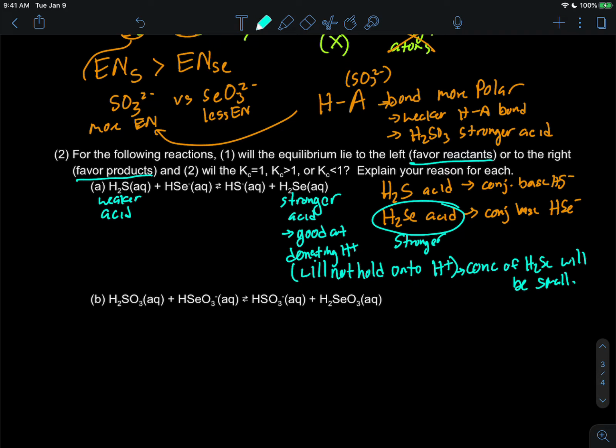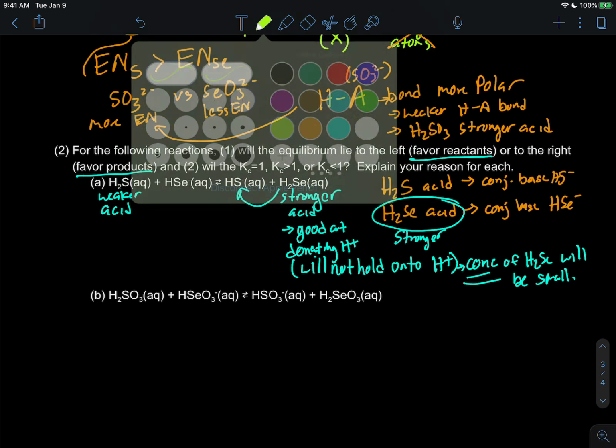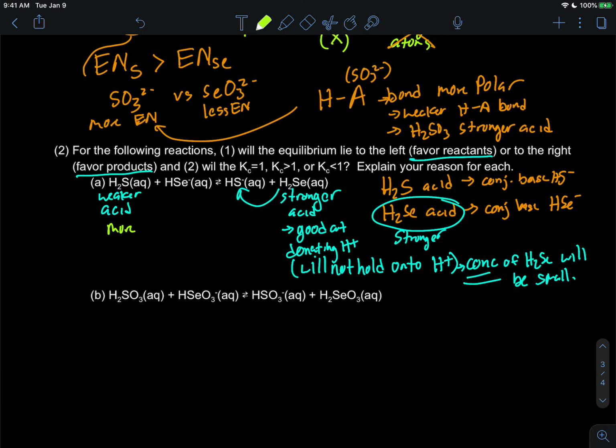It's good at giving its protons away. It really wants to give its protons to HS minus. And so because of that, we're not going to see much of the H2Se at equilibrium. And so we'll notice with our weaker acid, we will see more of the H2S than our stronger acid, H2Se, at equilibrium.